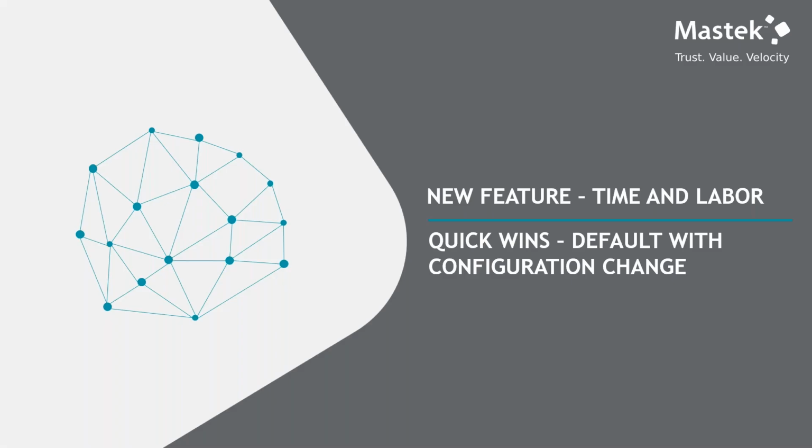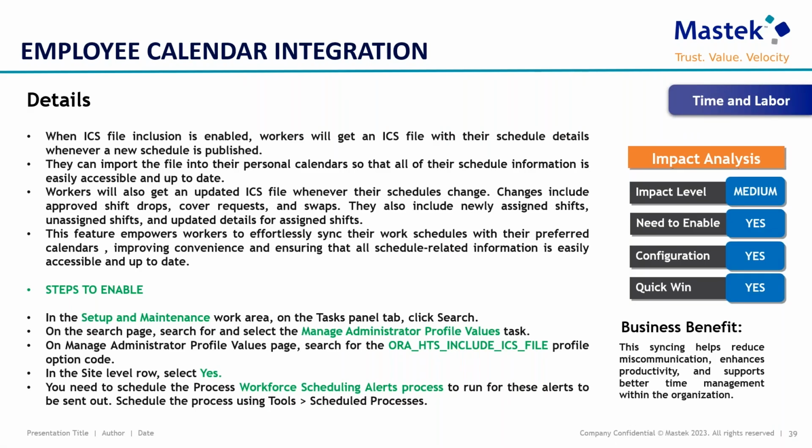Now we'll talk about a couple of time and labor related features where we have to enable certain things in terms of configuration, and it's not a default driven feature. The first feature is employee calendar integration. If we are using any calendar inclusion, then the worker will get all of those schedule details as and when their new schedules are published.